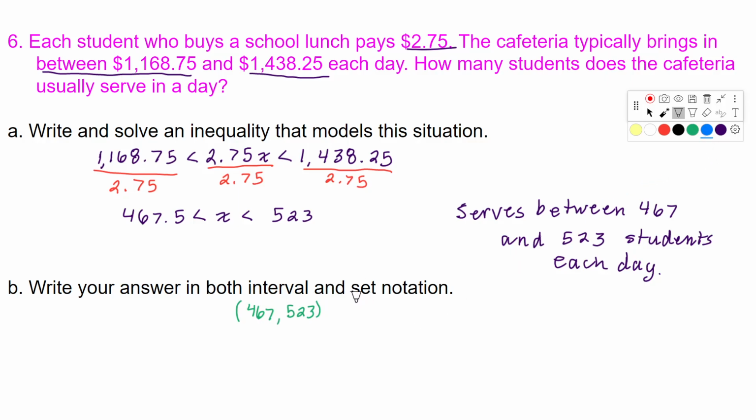The set notation, I'm just going to write it as x, putting it in context, starting with the 467, less than x, less than 523. And these are some examples of setting up inequalities, solving inequalities, interpreting the results, and writing the solutions in two different types of notation.